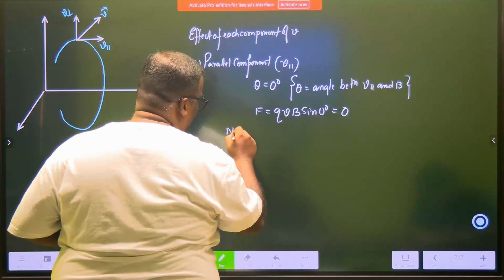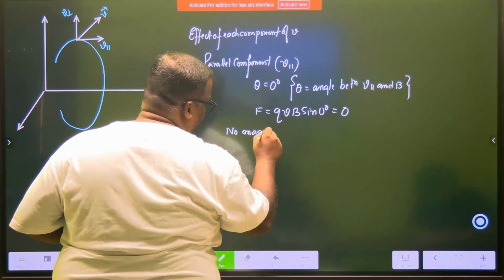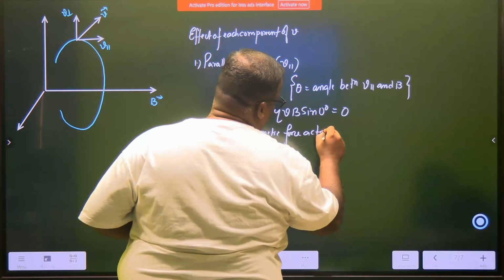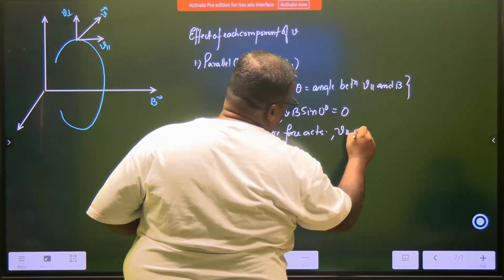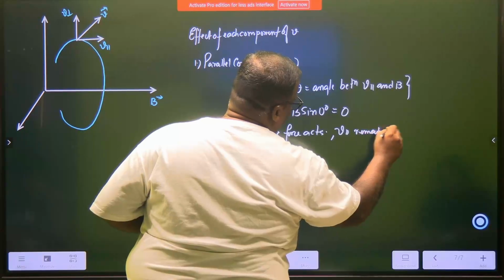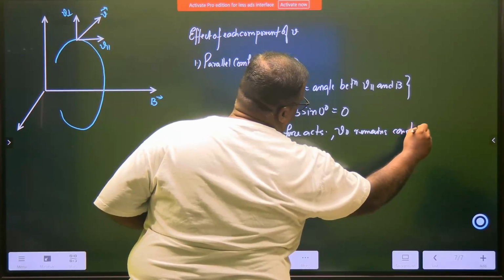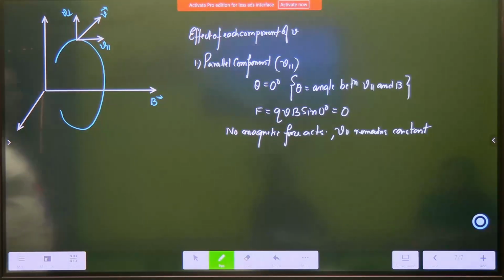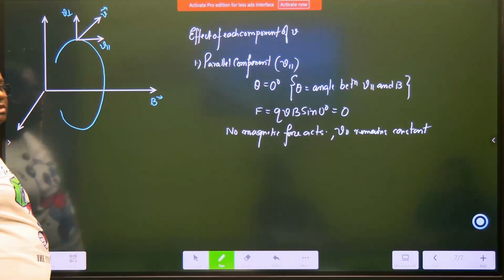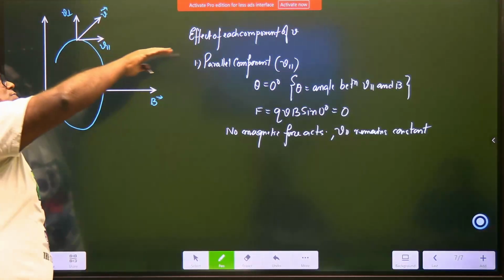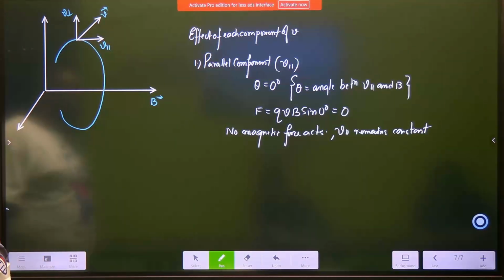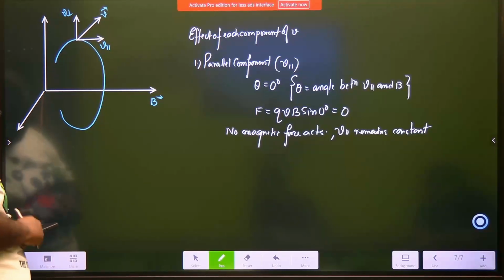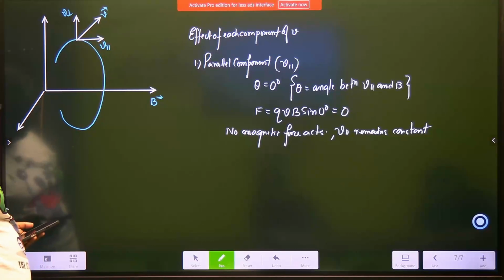No magnetic force acts, so V parallel remains constant. Is this logic understood? If you consider only this, the horizontal component of the speed remains constant. There is no force along the horizontal component, so there won't be any acceleration.